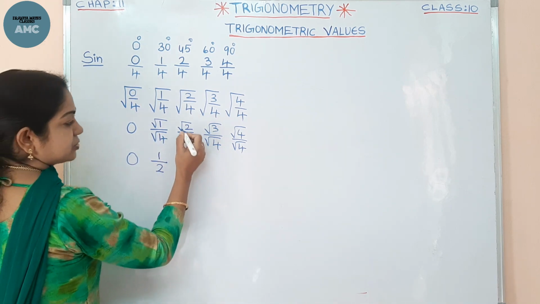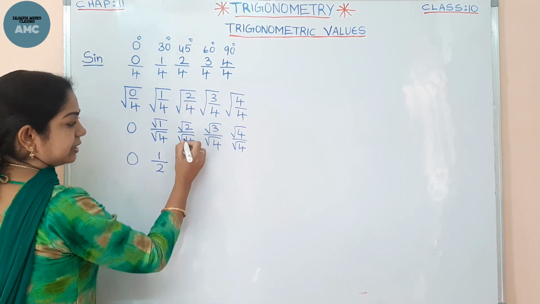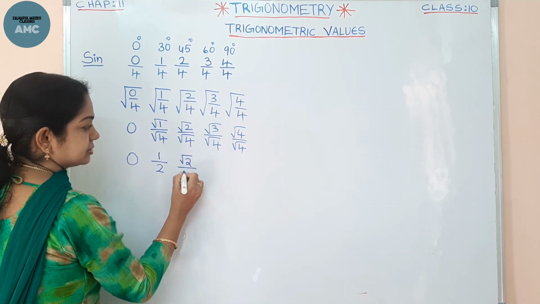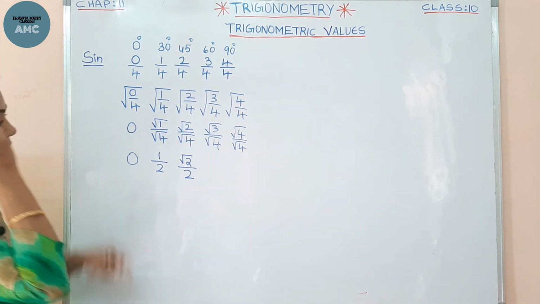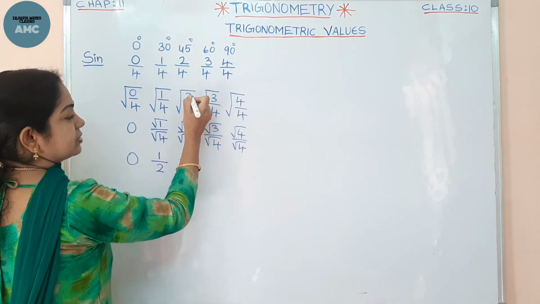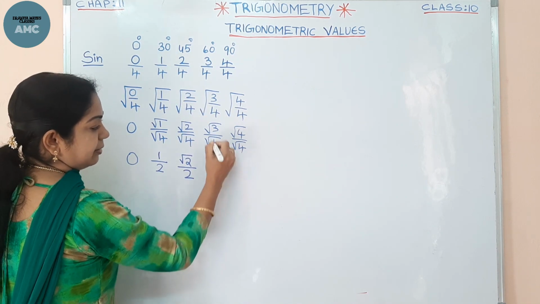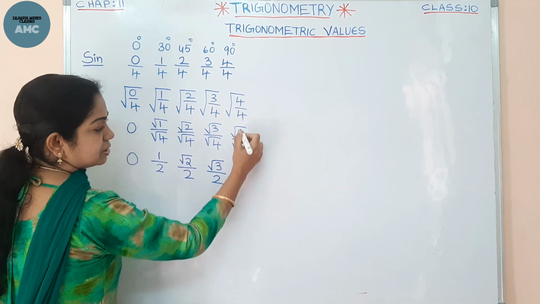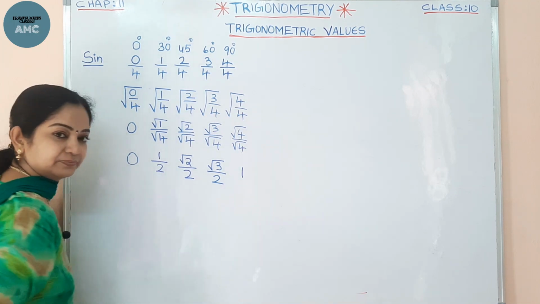Square root of 2 is root 2 here, and square root of 4 is just 2. Square root of 3 by square root of 4 is root 3 by 2. Square root of 4 by square root of 4 is 2 by 2, which is just 1.